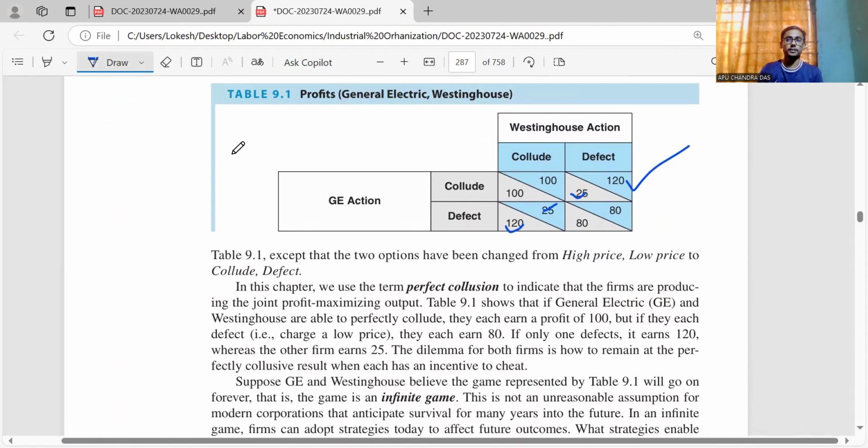And in this chapter, we will use the term perfect collusion only if the profit-maximizing output is produced by these firms. So here we see that if General Electric and Westinghouse are able to perfectly collude, they each earn a profit of $100. But if any one of them defects, the defecting firm earns more than the firm colluding.